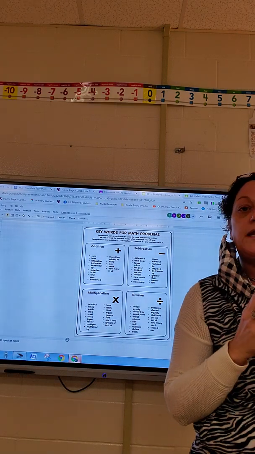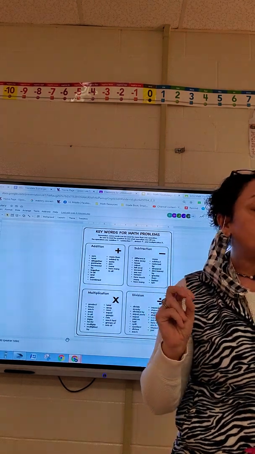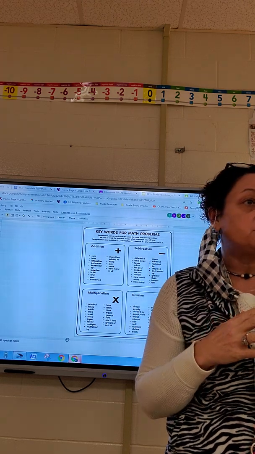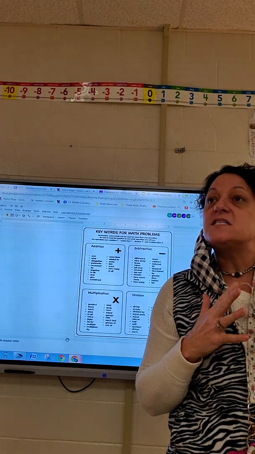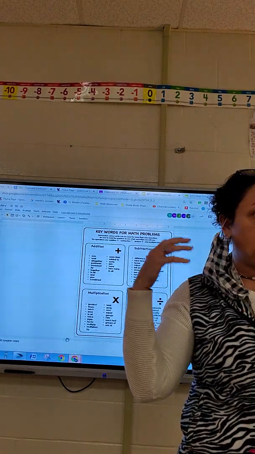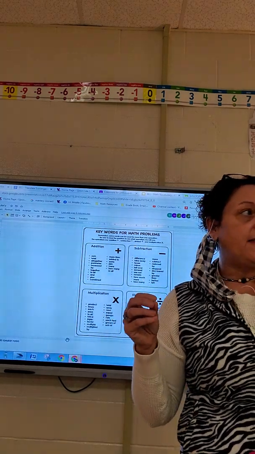Now look at me real good and let me tell you. An algebraic expression is different from an algebraic equation. Those two words are not synonyms, okay? An expression cannot be solved, but it can be simplified, and we're going to do that tomorrow. An equation can be solved, and we're going to be doing that later on.